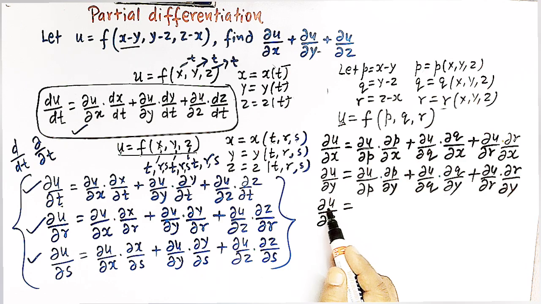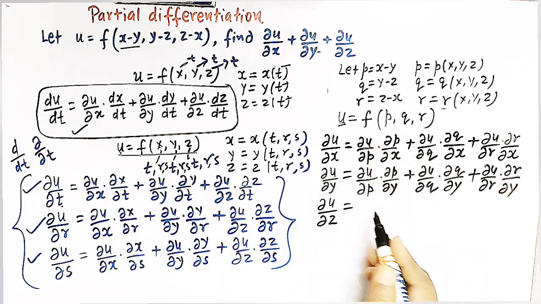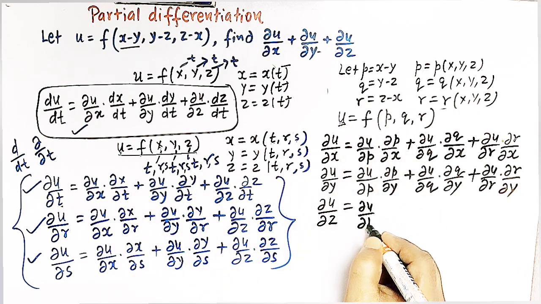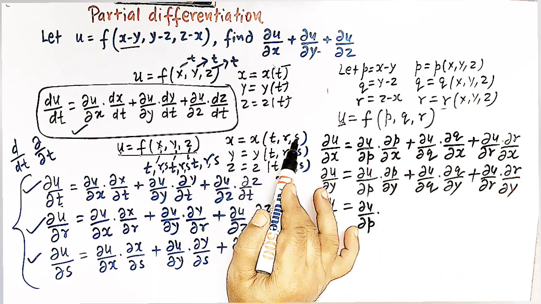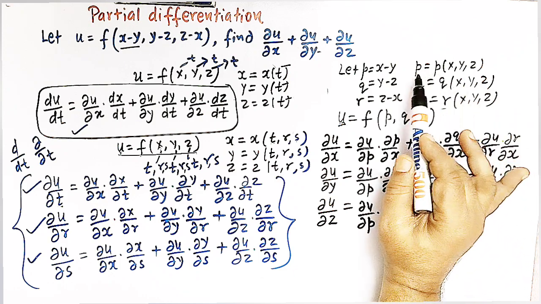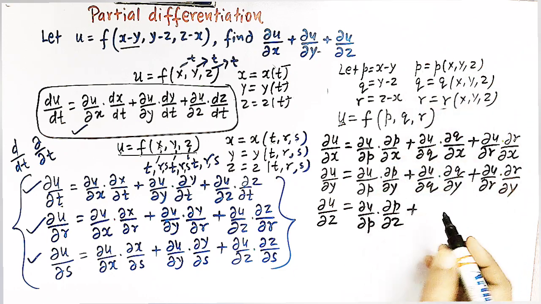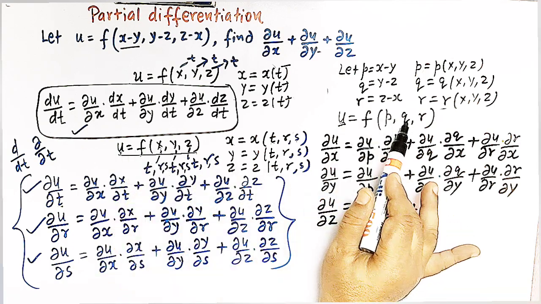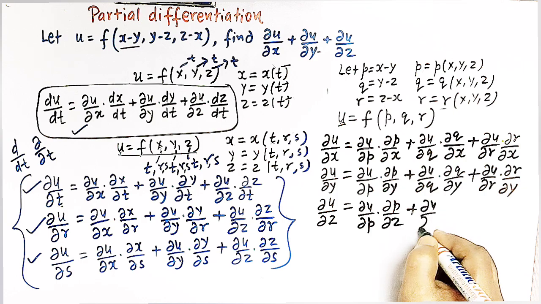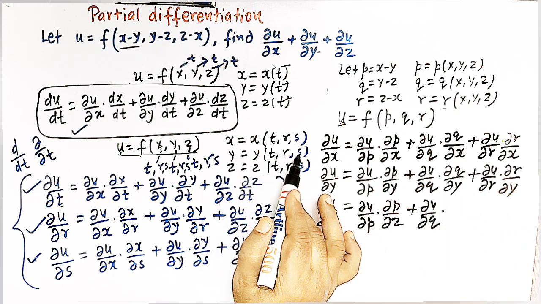And similarly for ∂u/∂z, here we have u over x. Here we have u over p. So we have ∂u/∂p, and then we have x over s. Here we have p over z, and then we have u over y, that is u over q, and then we have here y over s.